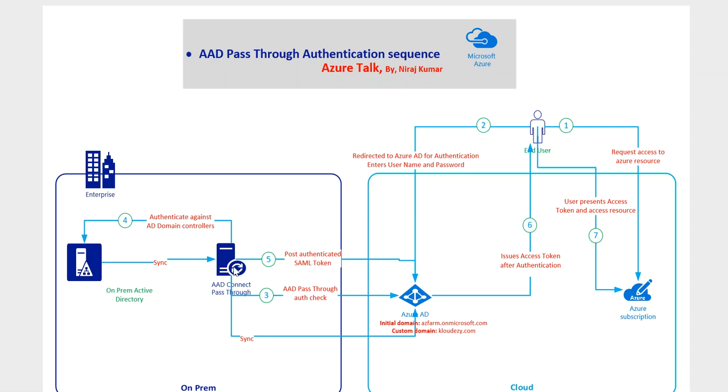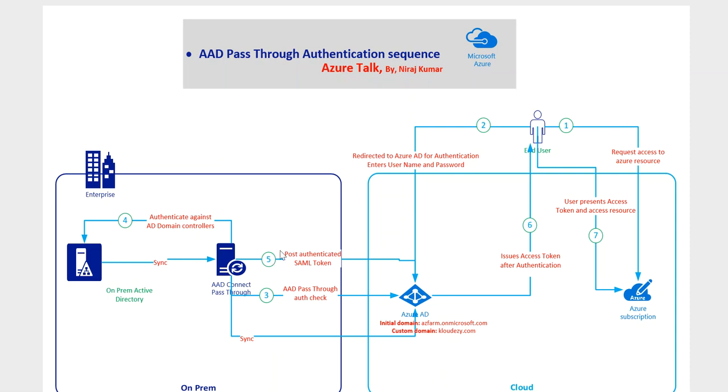This authentication comes back to Azure AD, and the Azure AD pass-through server recognizes that the user is a valid user and is properly authenticated. It creates a SAML token, or rather an authentication, and it posts it to Azure AD.